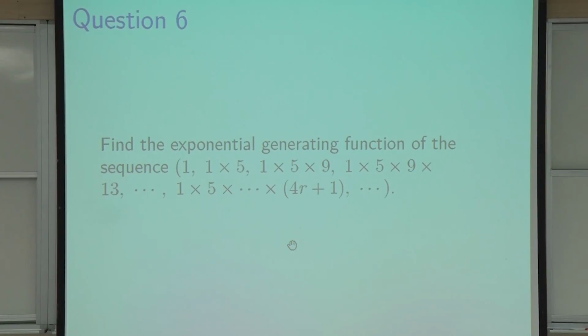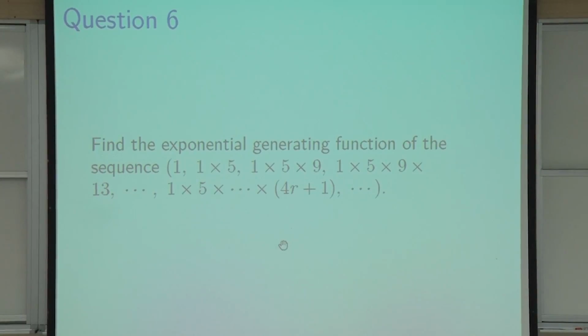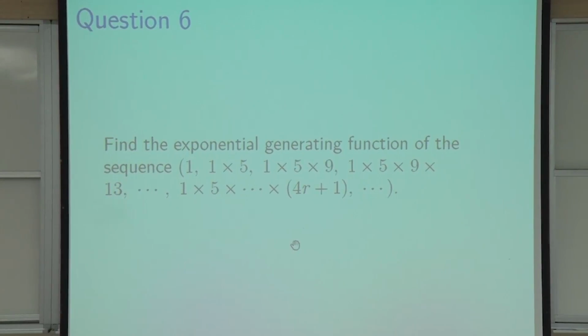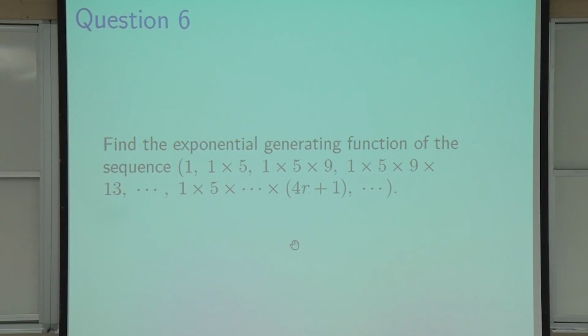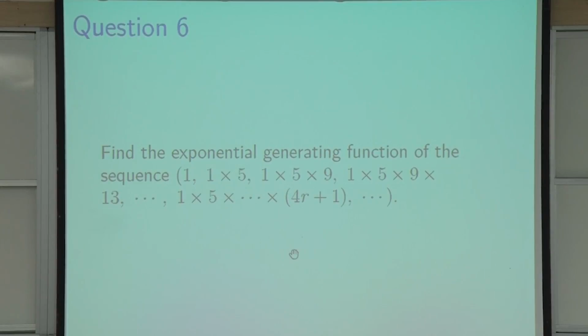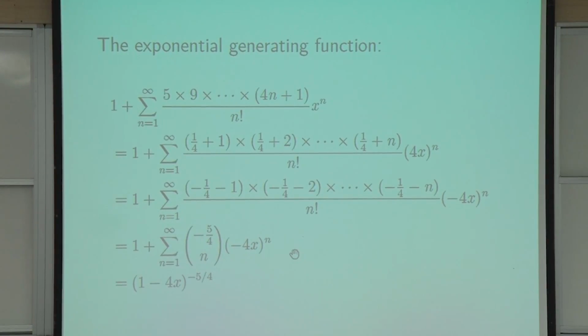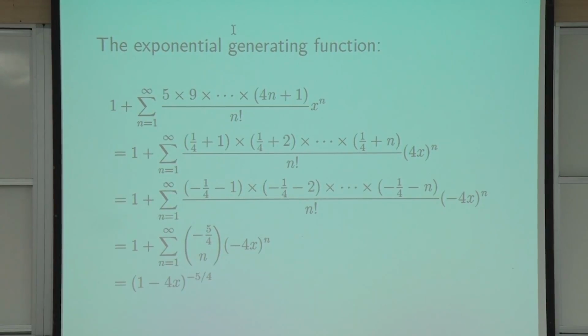And for question 6, we want you to find the exponential generating function for the sequence 1, 1 times 5, 1 times 5 times 9, 1 times 5 times 9 times 13, and so on, all the way up to 1 times 5 and so on up to 4r plus 1 for the r-th term.